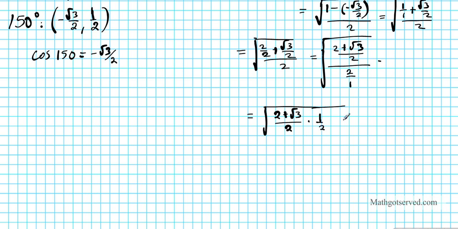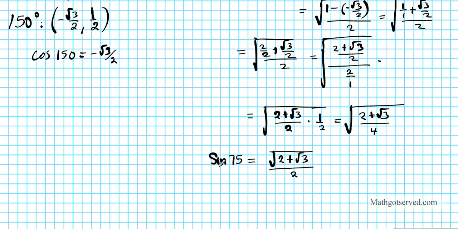Multiplying across, we have the square root of 2 plus root 3 over 2 times 2, which is 4. We take the radical of the numerator and the denominator, so we have root 2 plus root 3, and the square root of 4 is just 2. So this is the value of sine 75.